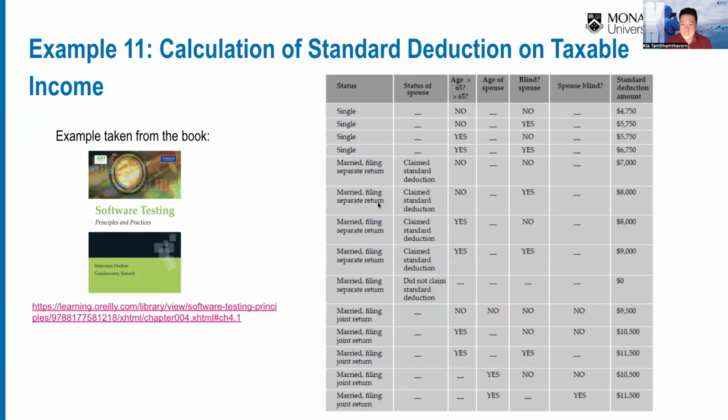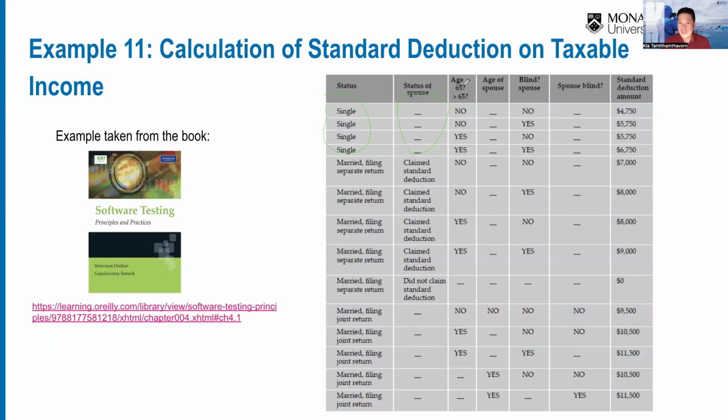Here is another example. Let's say you want to calculate the standard deduction of the tax, on taxable income. Different countries and governments apply different conditions to apply the tax. Let's go through this together. If you are single, that means you have no spouse at all.